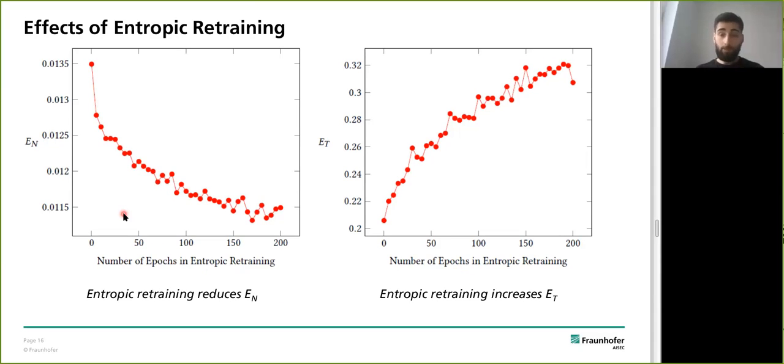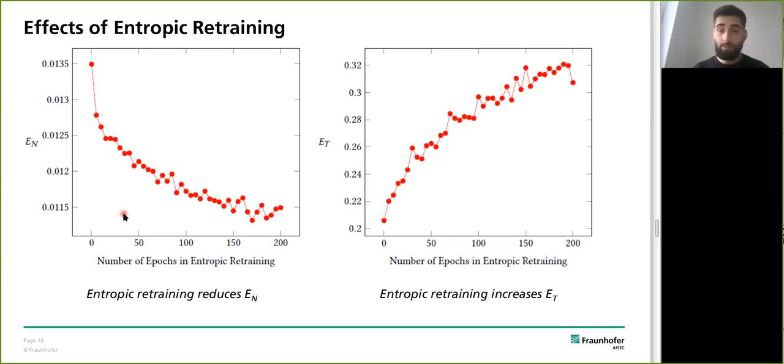Here, similar to the previous experiment, we performed entropic retraining for the same number of epochs as we performed adversarial training, just to preserve comparability. And again, we plotted EN and ET with respect to the number of epochs of entropic retraining. Interestingly, we can see the same effects as during adversarial training.